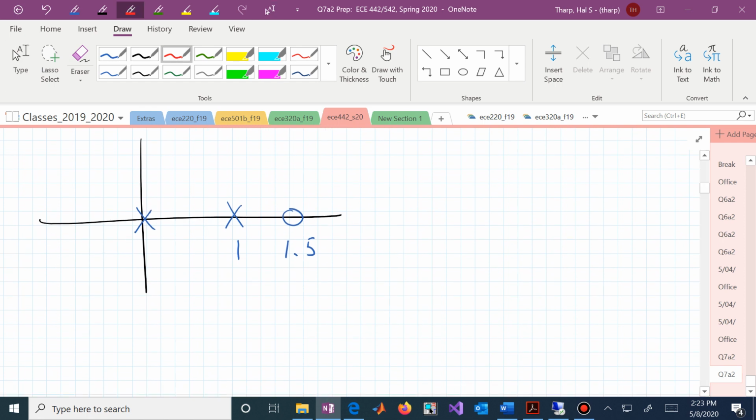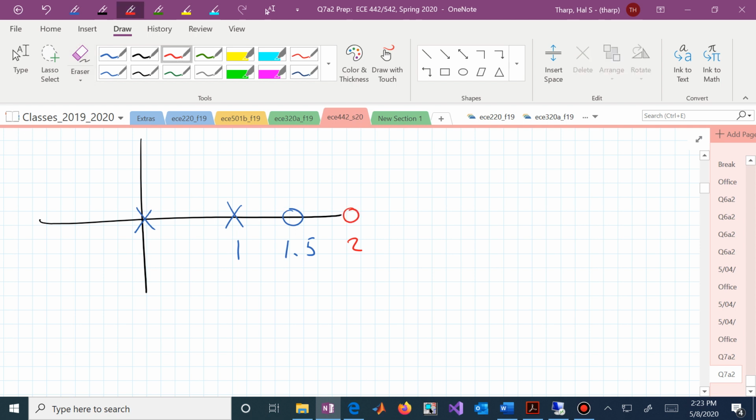So I didn't say we couldn't locate poles and zeros beyond or on the unit circle. We just can't place them on top of another pole if it's a zero, or another zero if it's a pole, that we're canceling. We could have placed this zero there. That would have been okay because we're not canceling that zero.